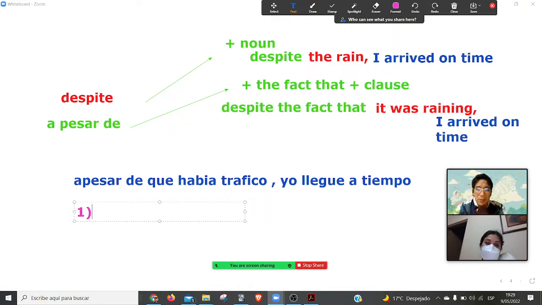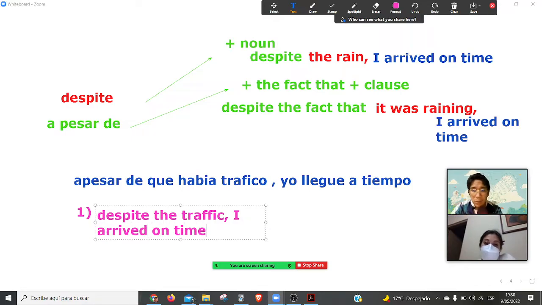Opción 1. Empieza con la opción 1, que es despite más un sustantivo. ¿Qué sería? Despite the traffic, I arrived on time. Suficiente.